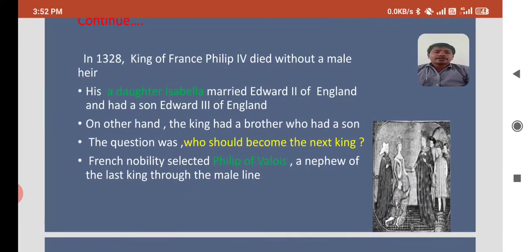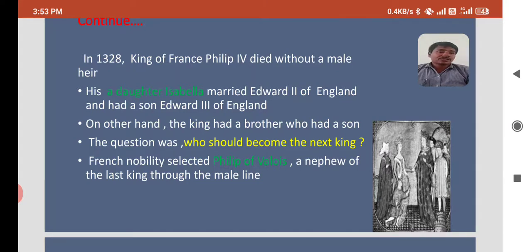In 1328, King Philip IV of France died without a male heir, but he had a daughter, Isabella, who married Edward II of England, and they had a son, Edward III of England. On the other hand, the king had a brother who had a son. The question was, who should become the next king?